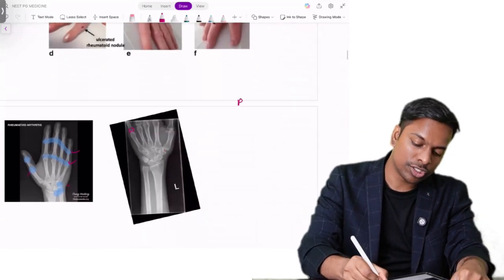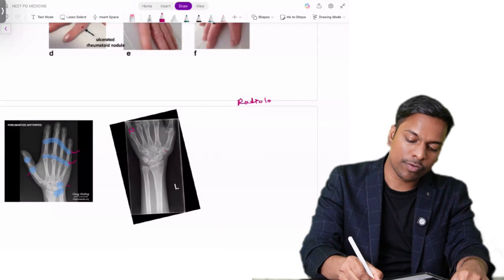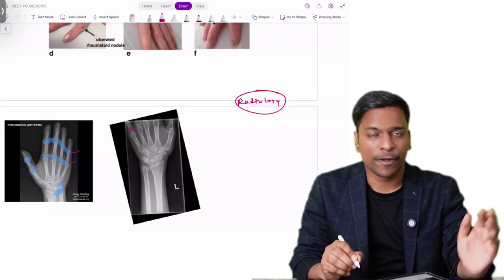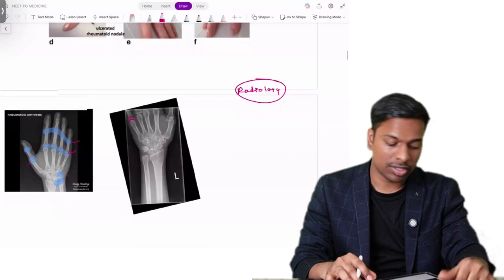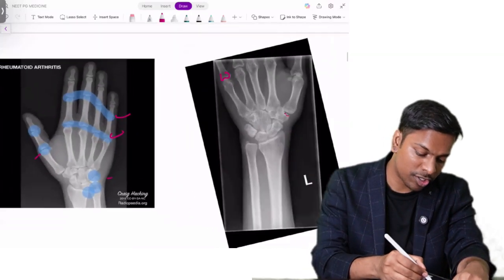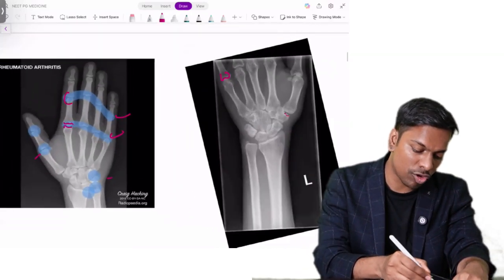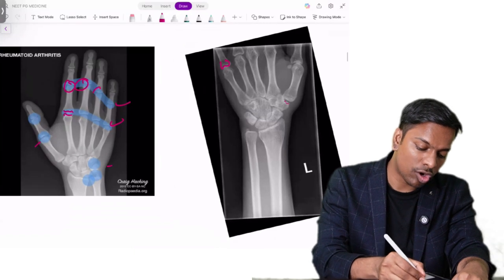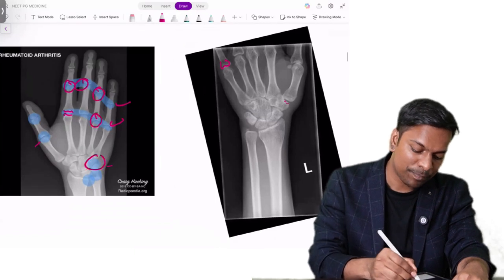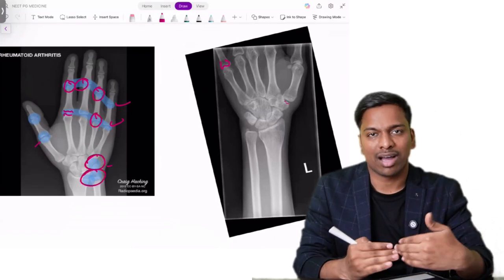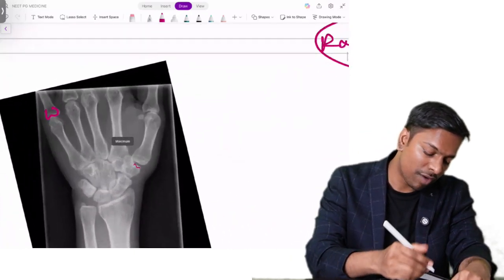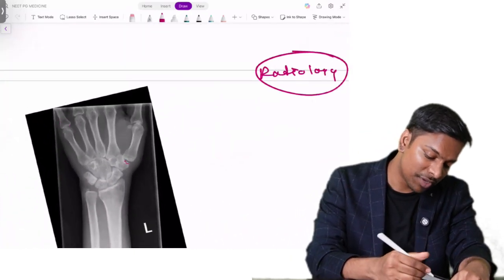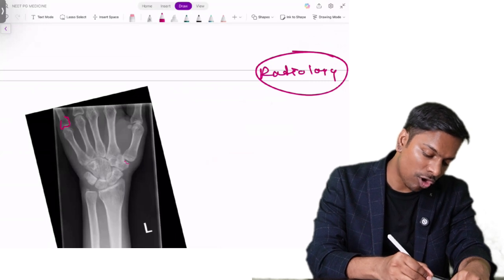Now coming to the radiology. In radiology, there are a few important things in rheumatoid arthritis, because there is joint destruction occurring. Normally this should be the joint space, and this is how it appears normally. Now this space is called periarticular. Why? Because that is near the articular surface, or near the joint. So the most important finding in rheumatoid arthritis, as we can see over here, is this cortical thinning.